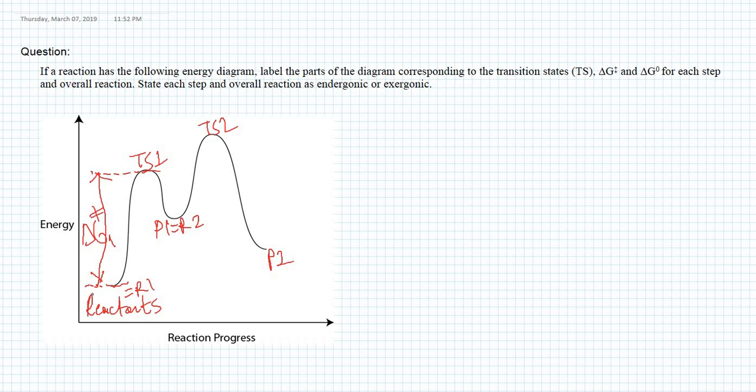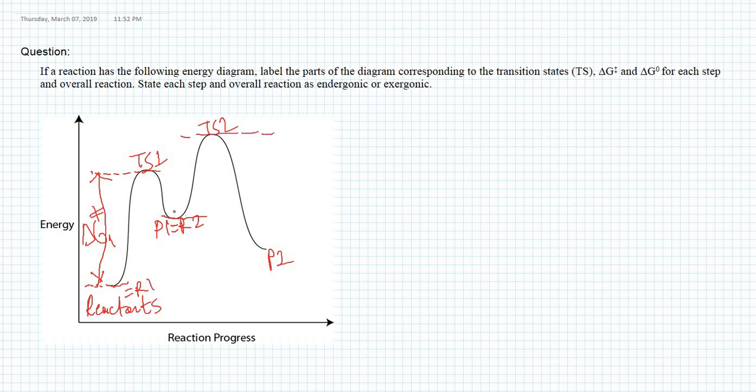So this is the activation energy of the first step. Then for the second step, again we can draw a line here with dashes, and same here. Let's try to be a little bit better.